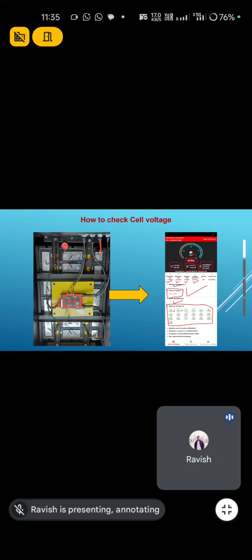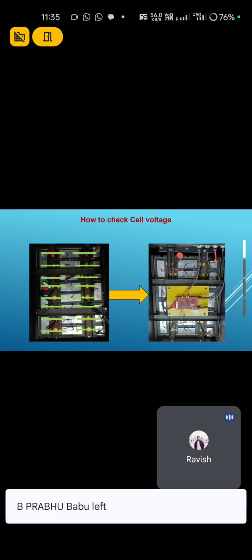And here you can see the battery serial number, software version, hardware version, and the BMS serial number.